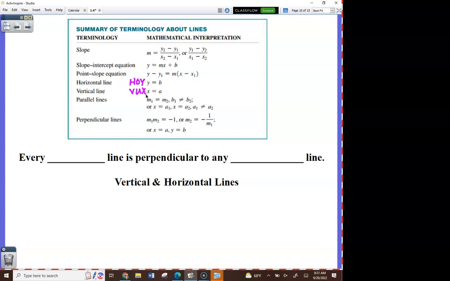HOY VUX is not on the formula sheet, and understanding how HOY VUX helps you is also not on there. So you will need to know HOY VUX, which brings us to this right here. You need to know that any given vertical line will be perpendicular to any given horizontal line.